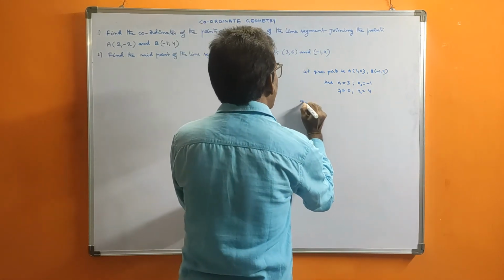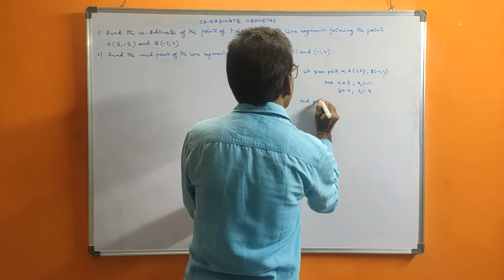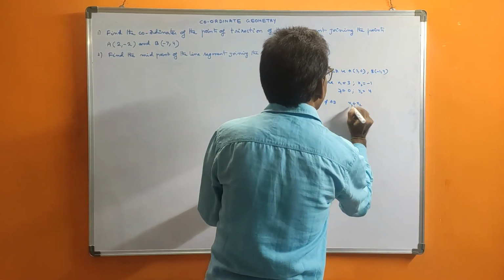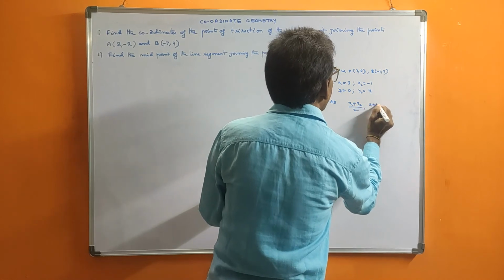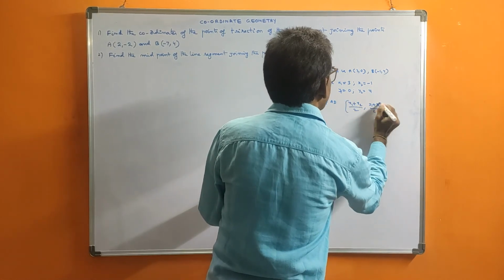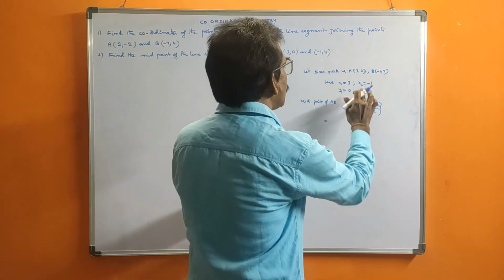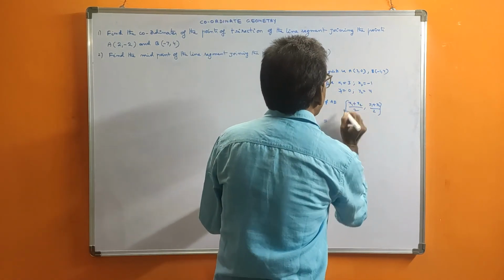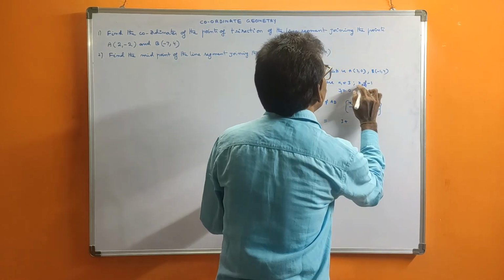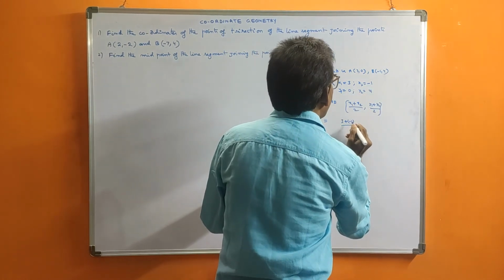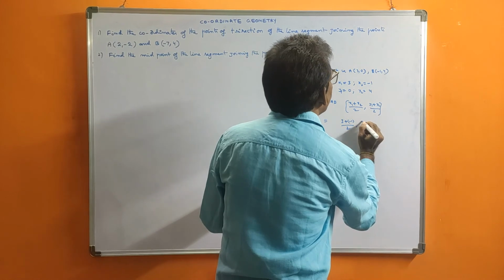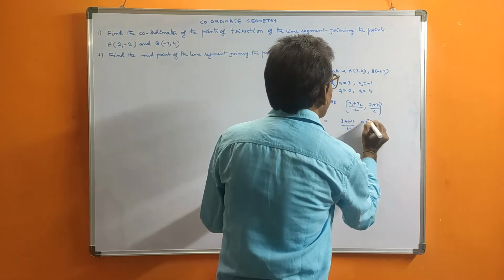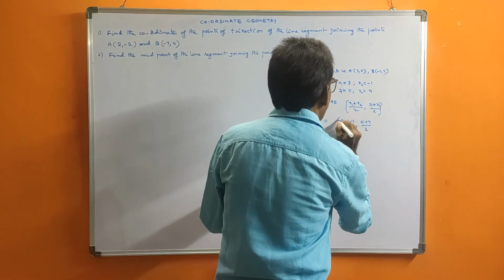Now the midpoint of AB is ((x1 + x2)/2, (y1 + y2)/2). Substituting these values: (3 + (-1))/2, (0 + 4)/2.